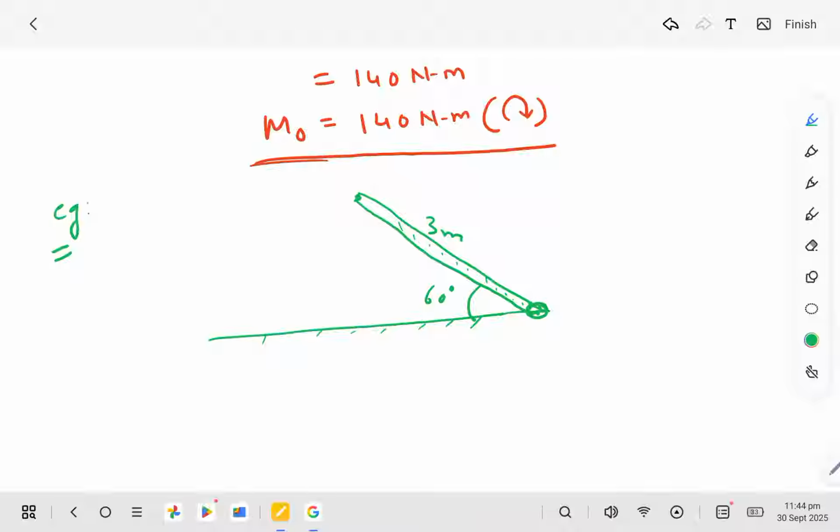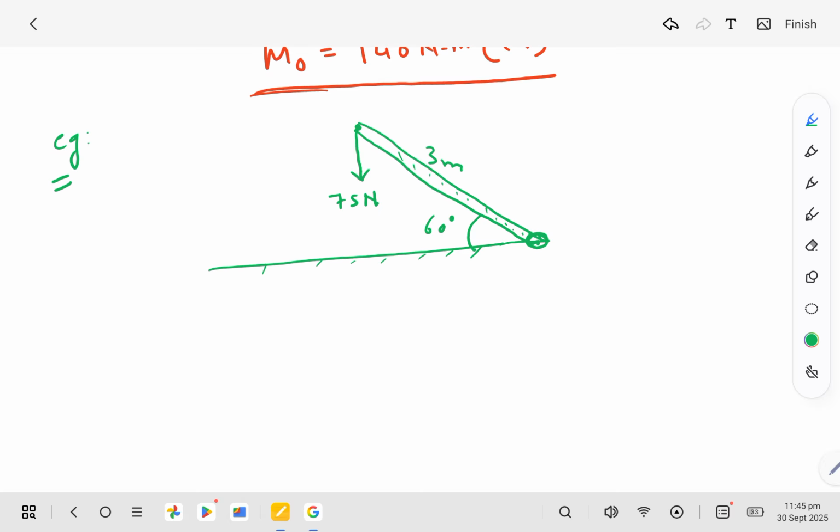Now let's say one force is acting here, and the magnitude of this force is 75 Newton. Then what is the magnitude of the moment of this force about point O?